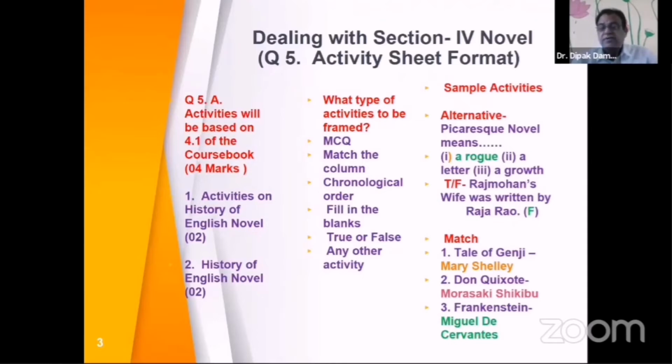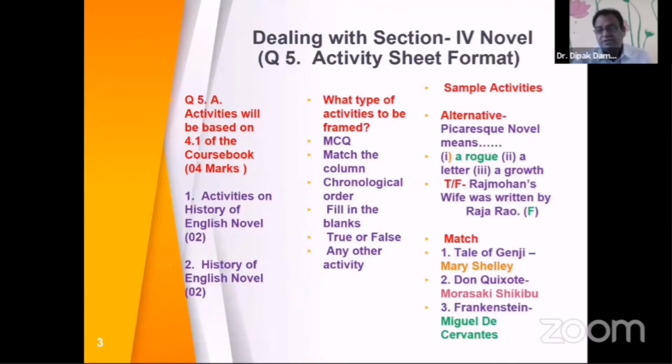Any activity can be framed for both the sections, but care should be taken that the activity we have taken for the first part shouldn't be repeated. It means we can't have 2 true or false or 2 match the pair. That care we have to take.